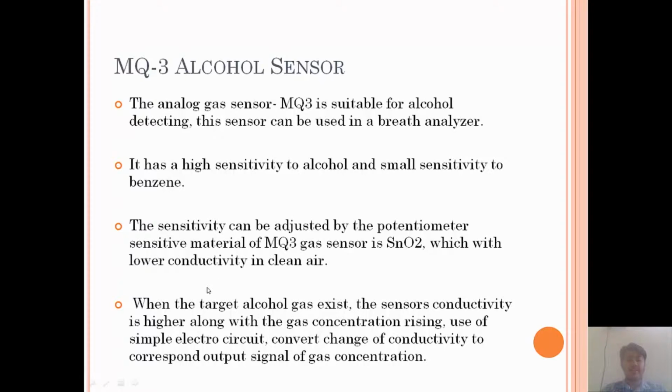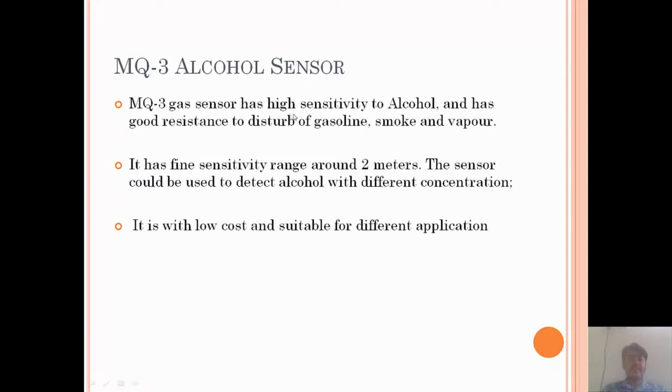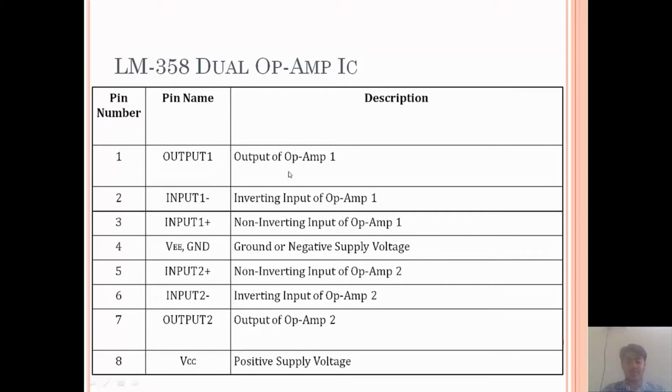When the target alcohol gas exists, the sensor conductivity gets higher as the gas concentration rises. A simple electronic circuit converts the change in conductivity to a corresponding output signal of gas concentration. It has high sensitivity to alcohol and good resistance to disturbance from gasoline, smoke and vapor. It has fast response and is low cost, suitable for different applications.